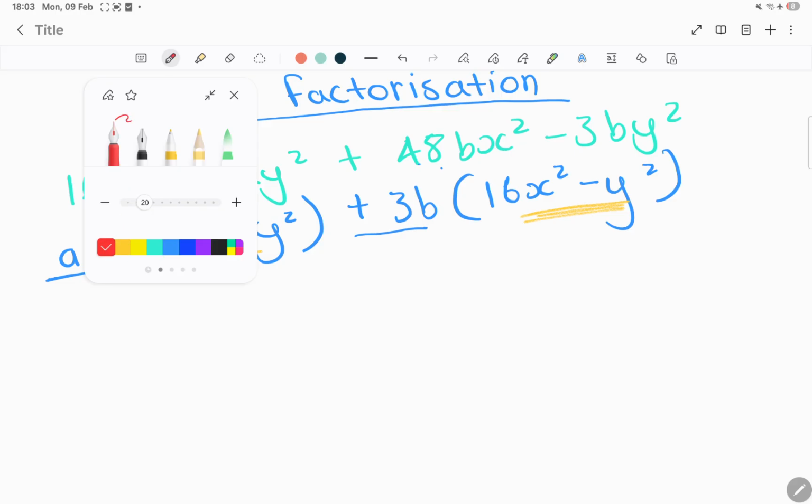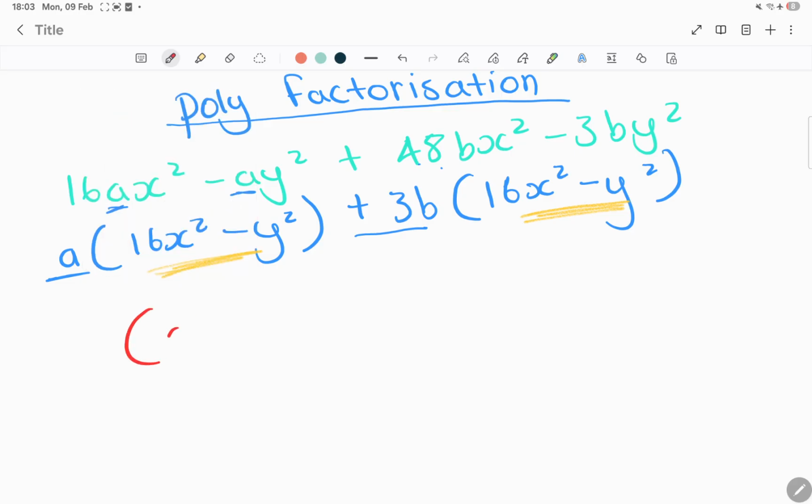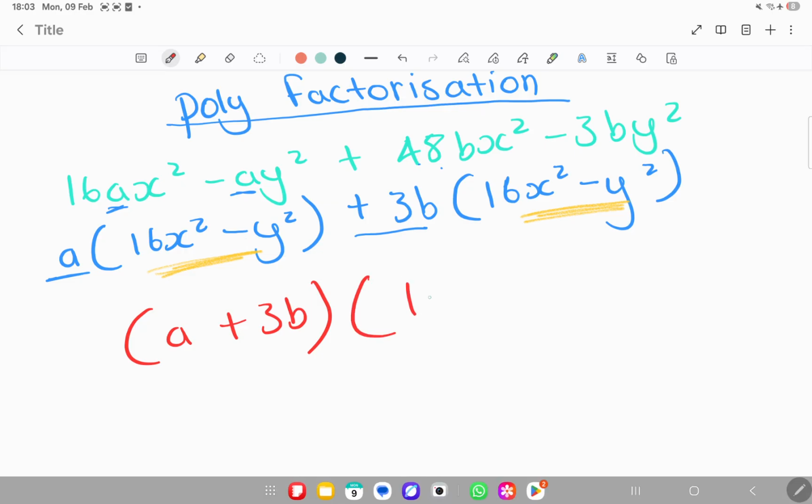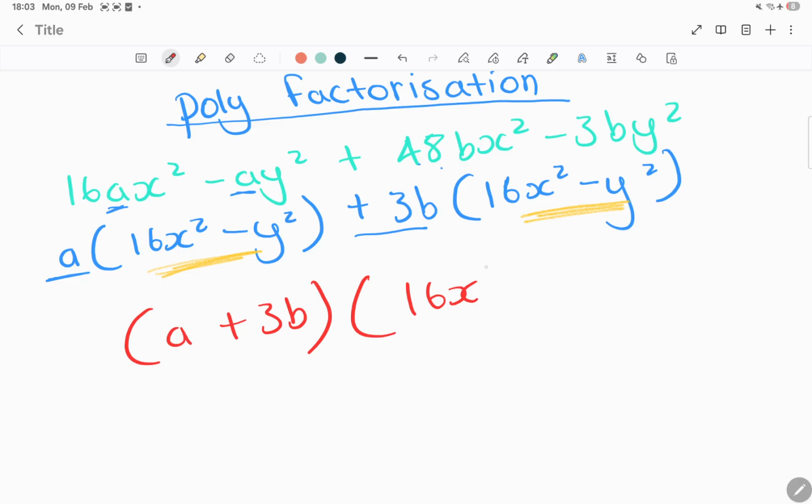Fine. So we are going to say the answer to this is a plus 3b. We are grouping these things, guys. We are grouping them because they both have the same brackets, and we rewrite that identical bracket once. If we were to think outside the box, yes, we can say a multiplied by this, which is something like this, right?